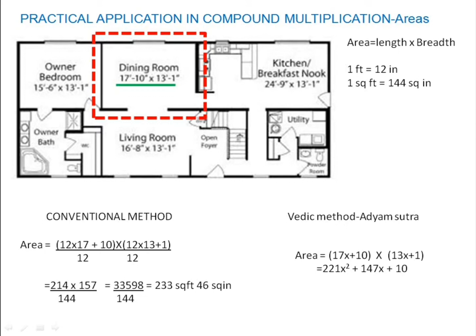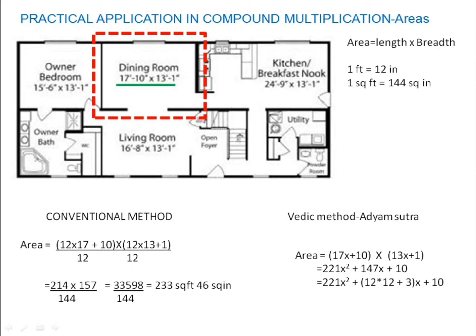So what you will do is split the middle term by dividing by 12. 147 is basically expressed as 12 into 12 plus 3, since 12 into 12 is 144. So this feet inch parameter has 12 feet in it and 3 feet inch.